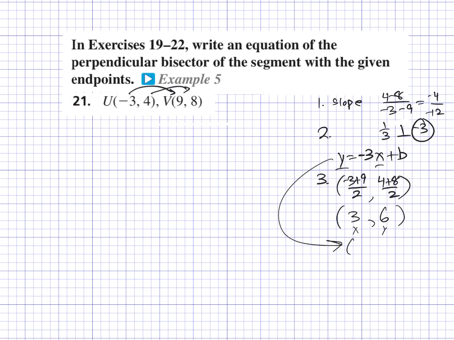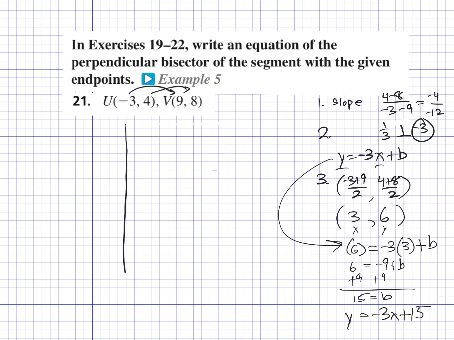So y is 6, -3 times x plus b. Okay, so we have 6 equals -9 plus b. Add 9, and we get 15 equals b. And our equation should be y equals -3x plus 15.